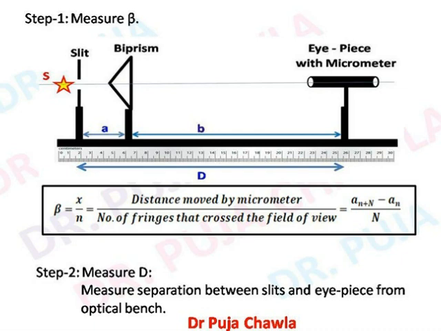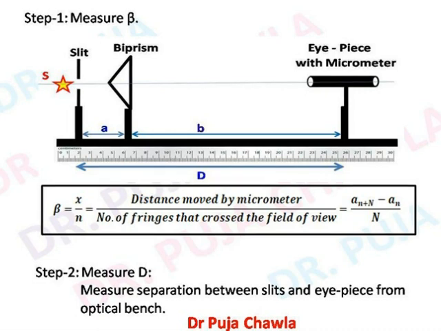Now if I generalize this formula, I may write it as: a n is the position of the nth fringe, a n plus capital N is the position of the n plus Nth fringe, and the width of N fringes is a n plus N minus a n. Divide this width by capital N to get the width of one fringe.